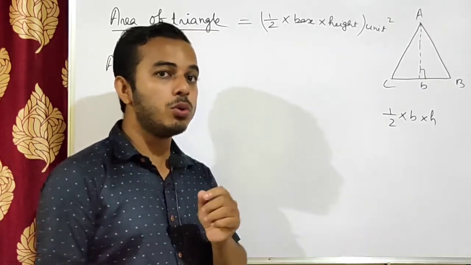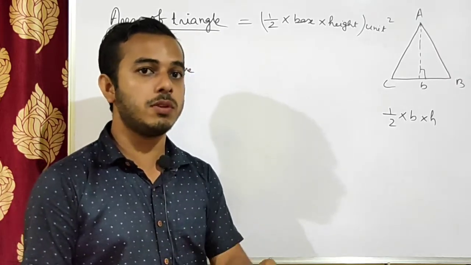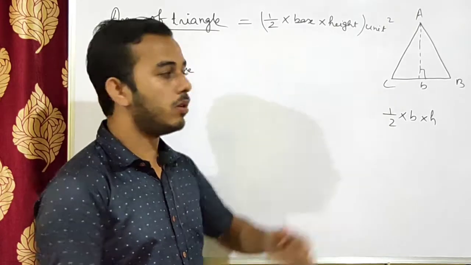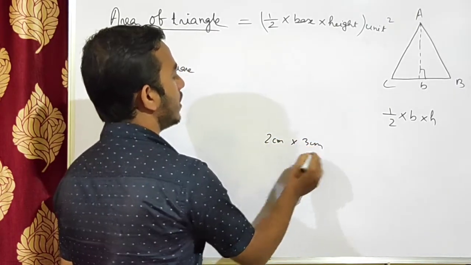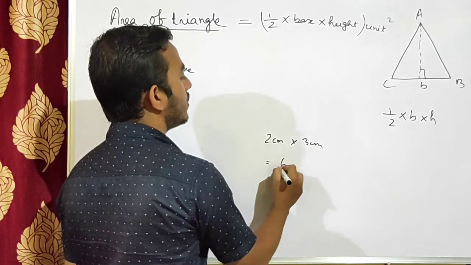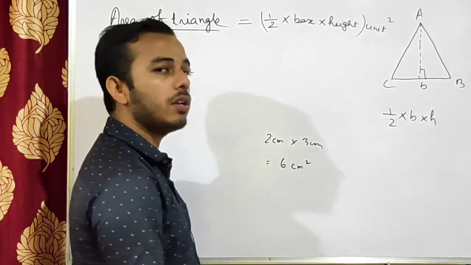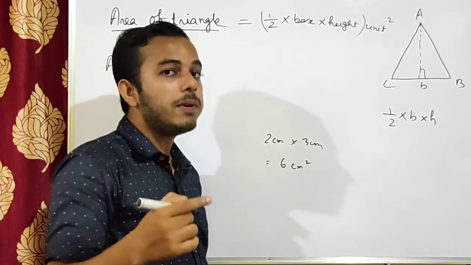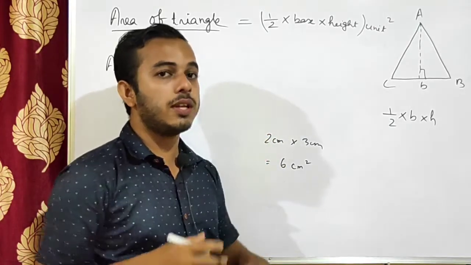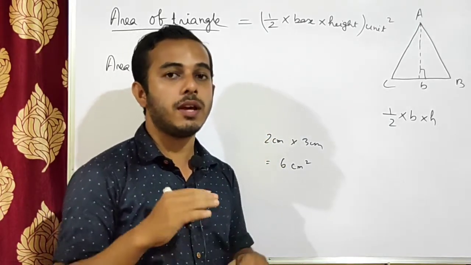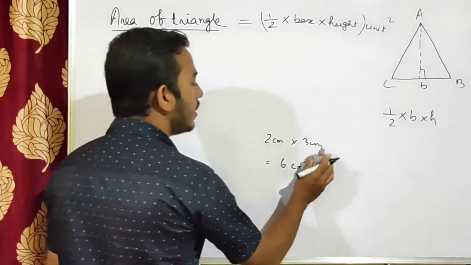We will multiply 2 into 3, so we are multiplying centimeter into centimeter also. 2 into 3 is 6, and centimeter into centimeter is centimeter square. Now in perimeter we don't have square, because in that case we didn't multiply, rather we just added. That's why in perimeter we write only centimeter.